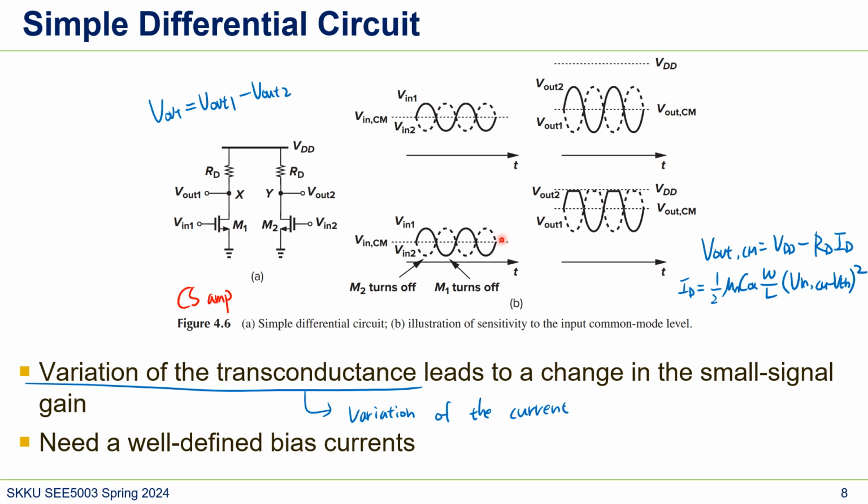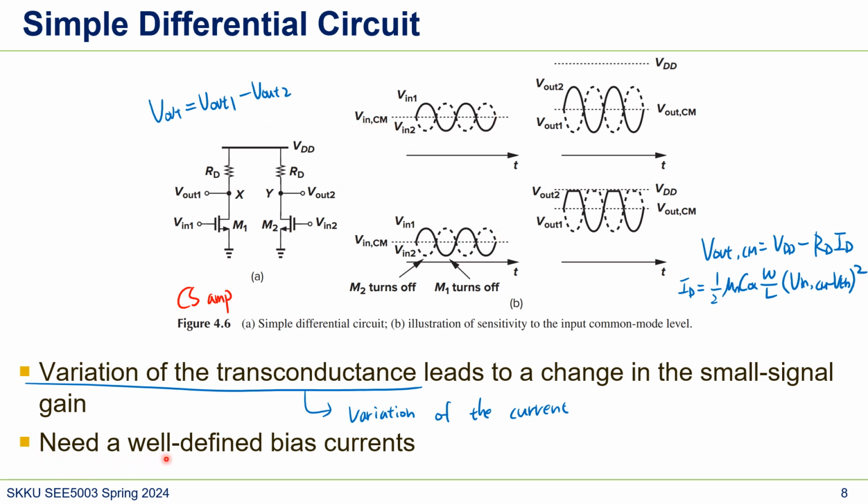The problem is if that happens, the V out Cm can be too high, and then maybe our output can be clamped to VDD because it can't go further. And also, the current change will change the gm, and then the gain will be different. So this is not good, because there can be some error in the common mode voltage, and we want something better, because this circuit is too sensitive to the V in common mode.